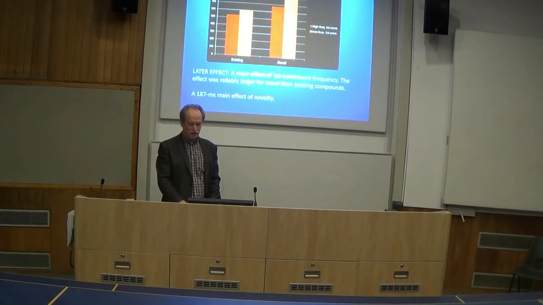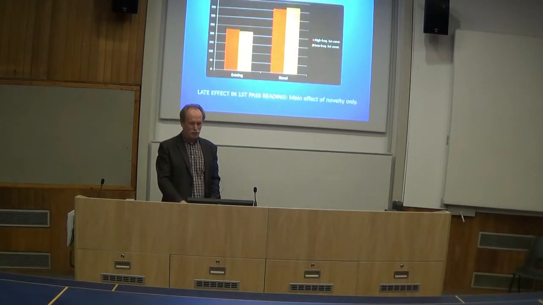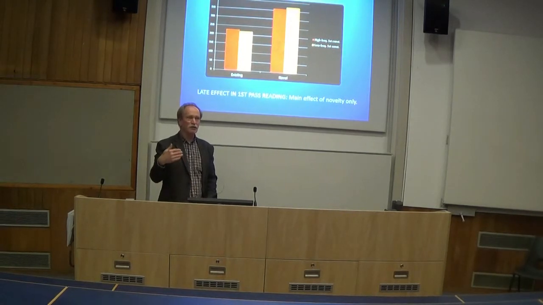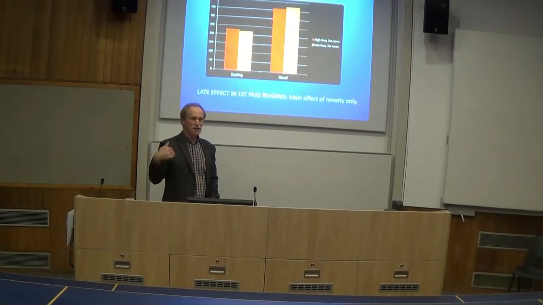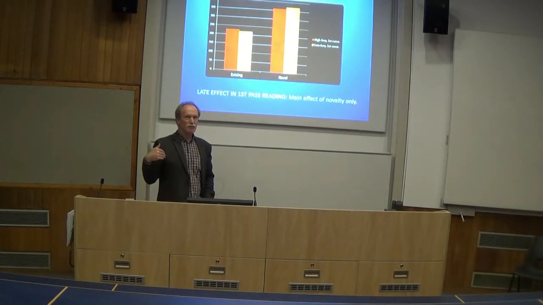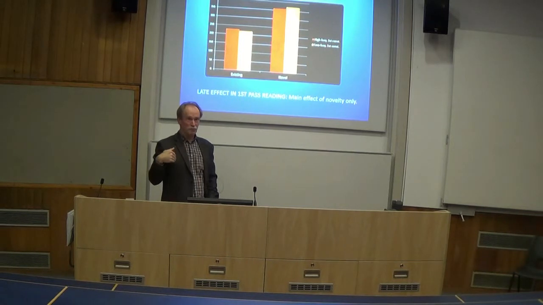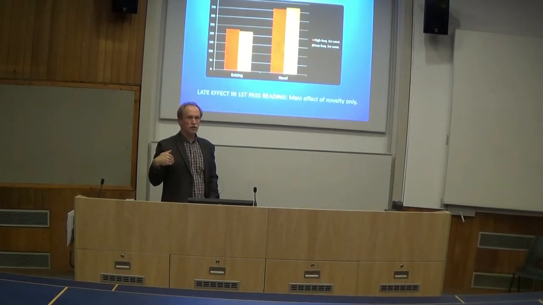But interesting, the next one, I think I like this one. What we did was look at the later effect, still within the first pass reading. We subtracted from gaze duration the subgaze duration on the first constituent.